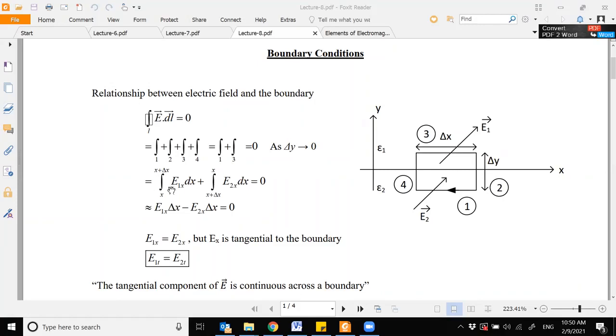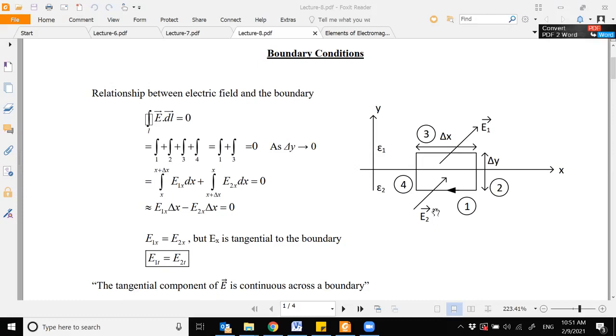And therefore for 1 and for 3. So for 1 is this integration. If this is my x, this will be x plus delta x. And this is only in the x direction. That's why we can only do the line integration with the x component of my electric field E2 and electric field E1.